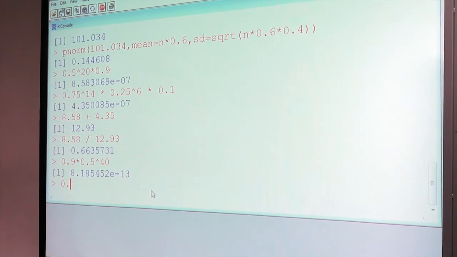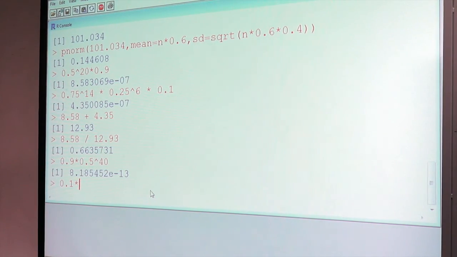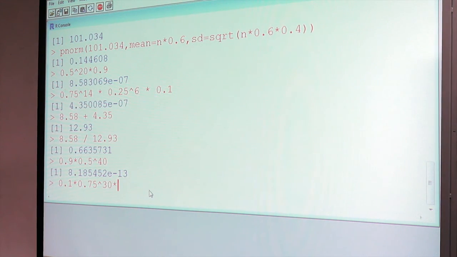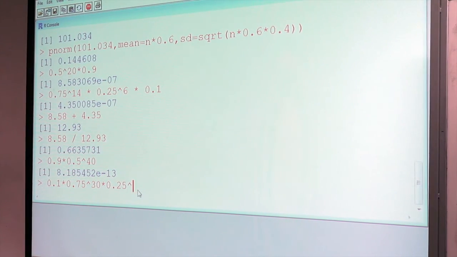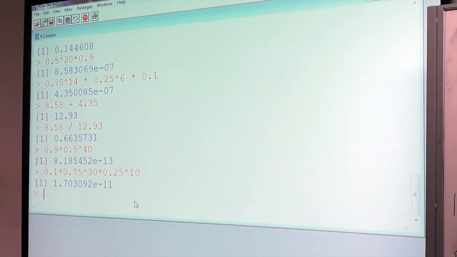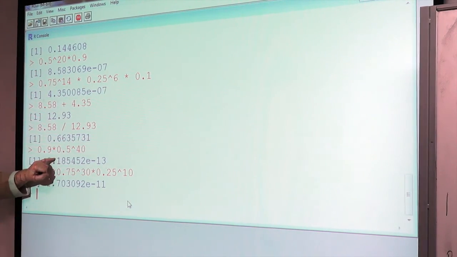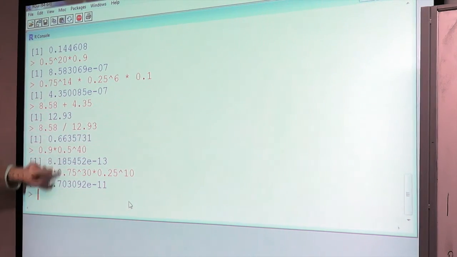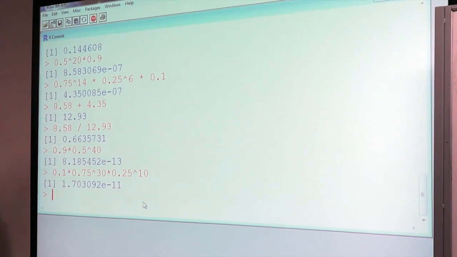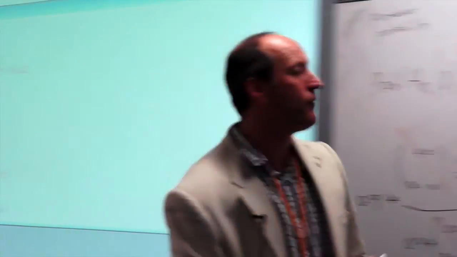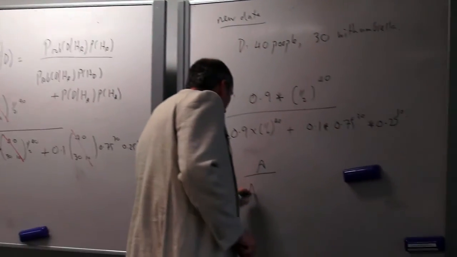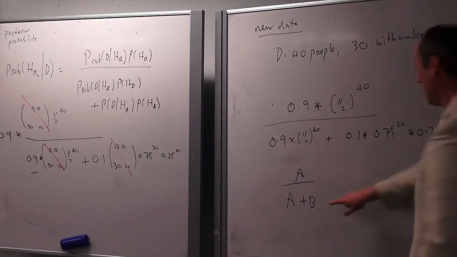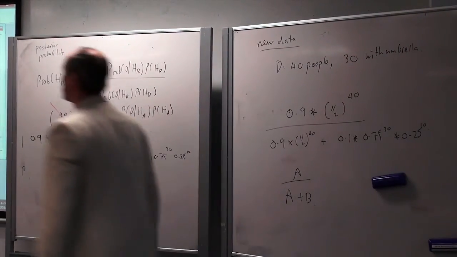What's the other one? It's 0.1 times 0.75 to the power 30 times 0.25 to the power 10. Which is that. Okay, so what I need to work out is that over that plus that. See what I'm doing? If I rewrite this as A over A plus B, I need to work out what these are.